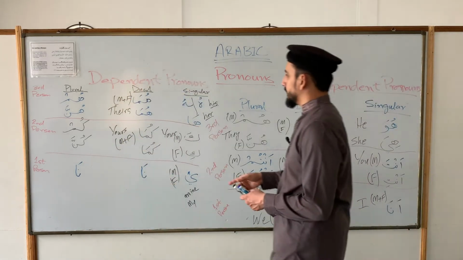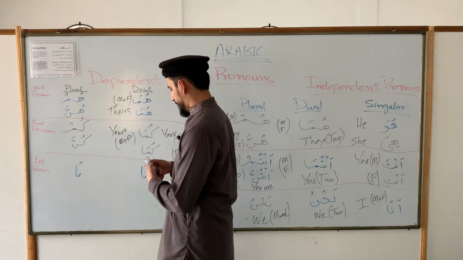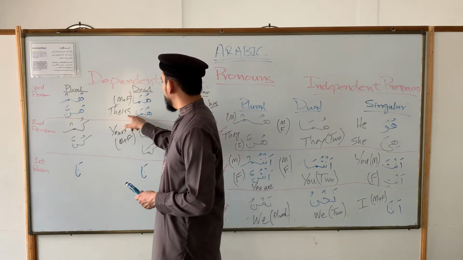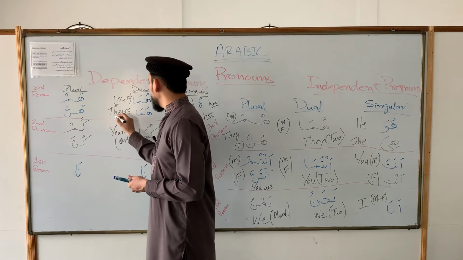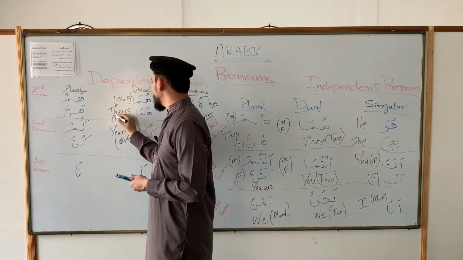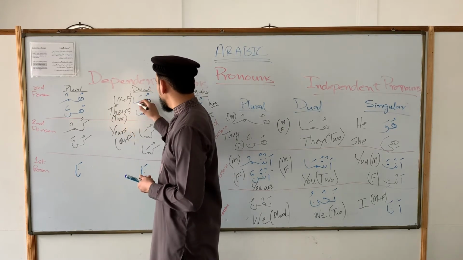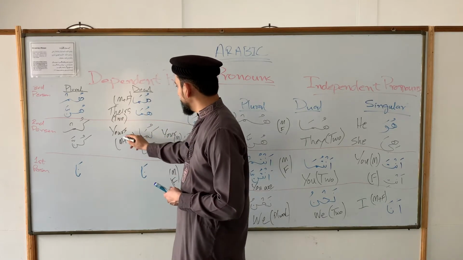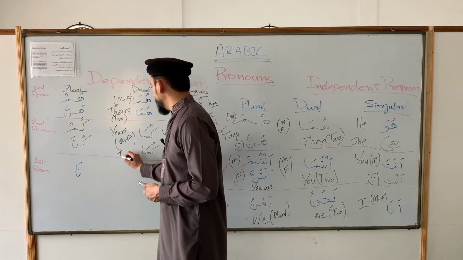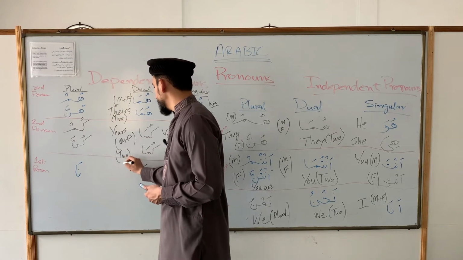Because it's in dual, we have to remember that the meaning embedded in theirs is two, because it's huma, right? Kuma, yours, also means two, right?